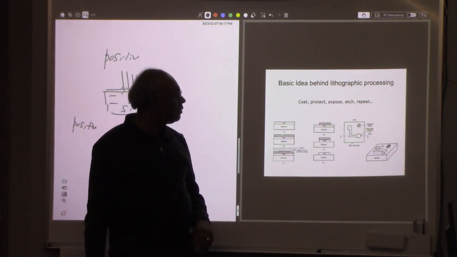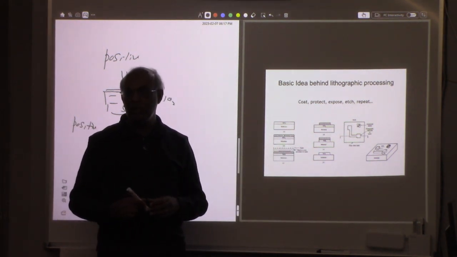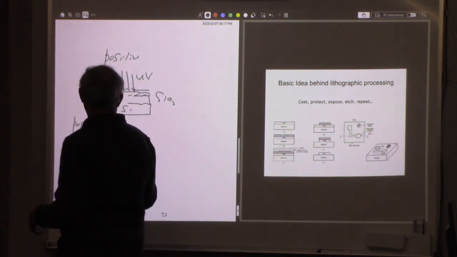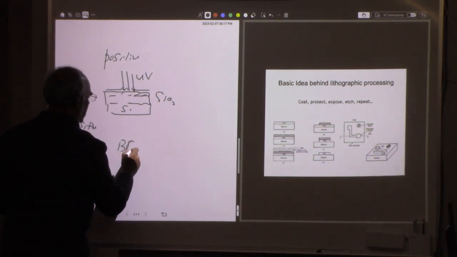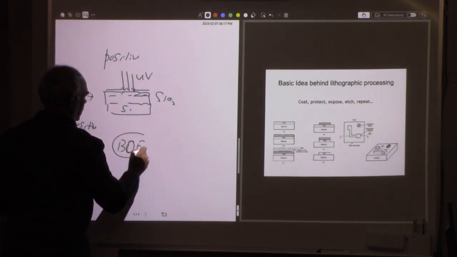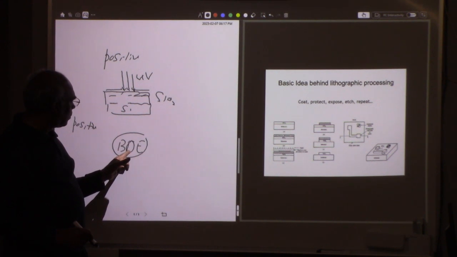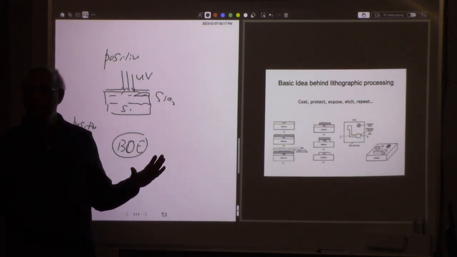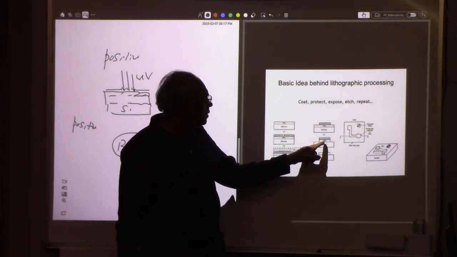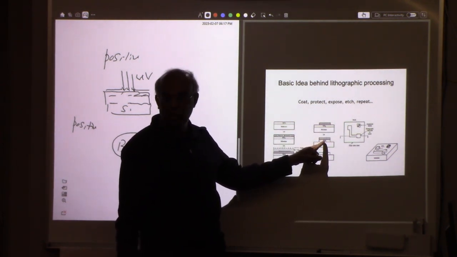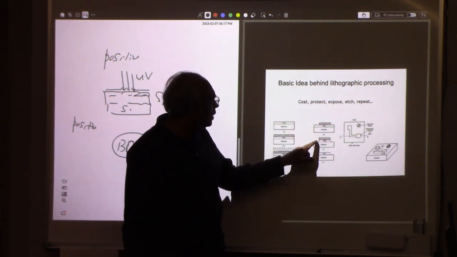The reason we use SiO2 is that you can easily etch it with a buffer oxide etchant, the BOE solution. If you put this in the BOE solution, the silicon dioxide will dissolve, but this part is protected by the polymer, the photoresist. Only this part will be removed.